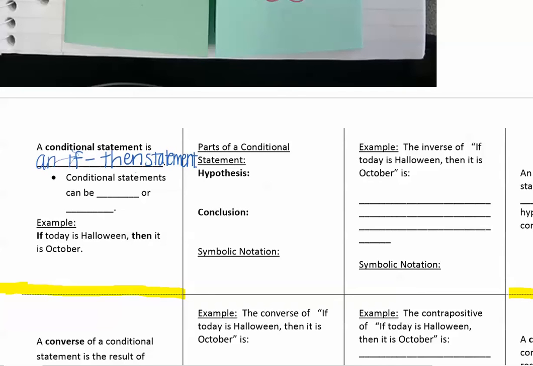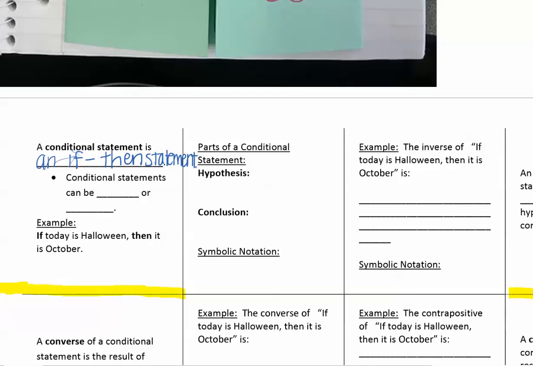Okay, so for example, we have an example here that says, if today is Halloween, then it is October, right? Or there's lots of statements that we make on a day-to-day basis, like if today is Tuesday, then I have basketball practice, or if today is Friday, then I'm going to go out with my friends, or you know, you can think of a million of them, right?